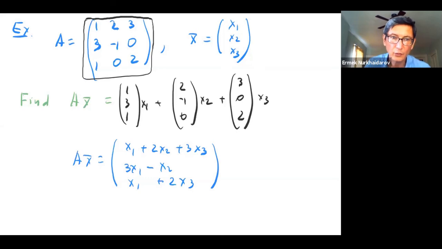And this corresponds to the left side, before the equal signs, of your linear equation. So that's exactly what we got here. That's the left side. And then on the right side, you will say equals B1, B2, B3. So AX is the left side of your system of linear equations.